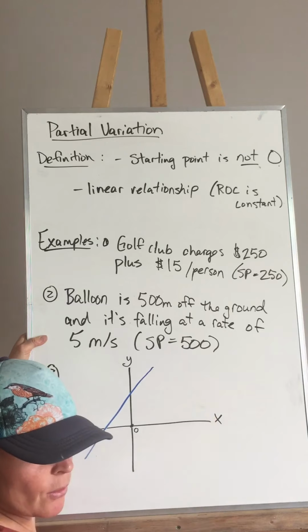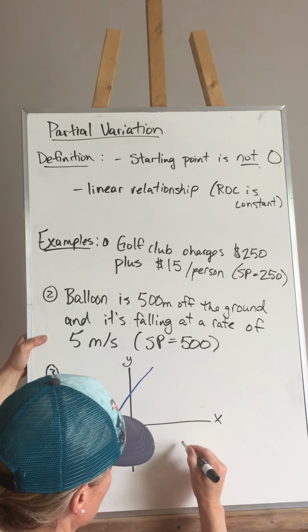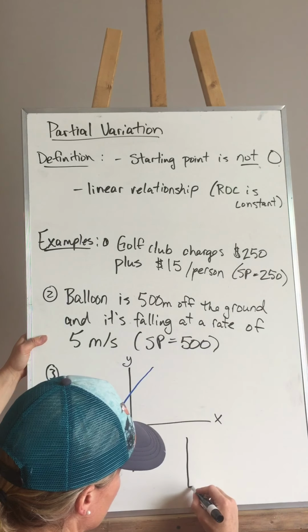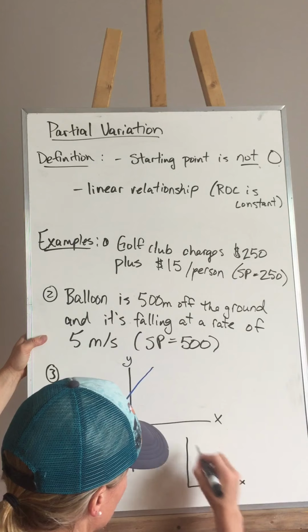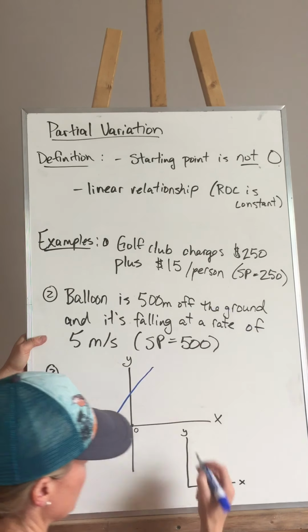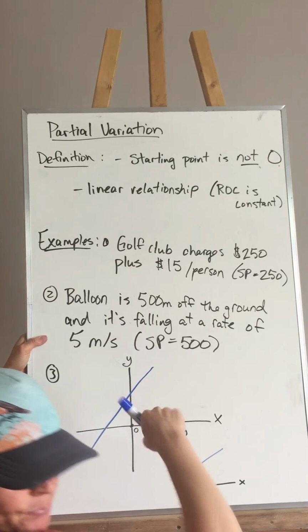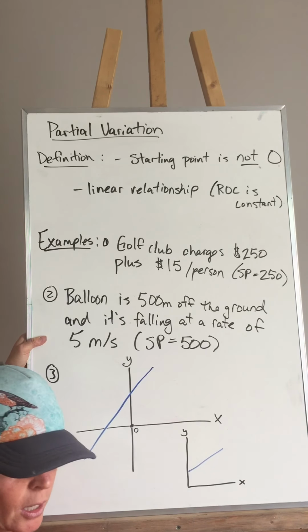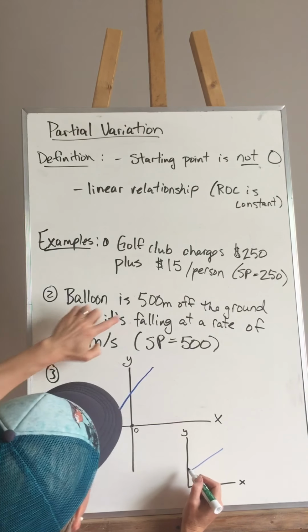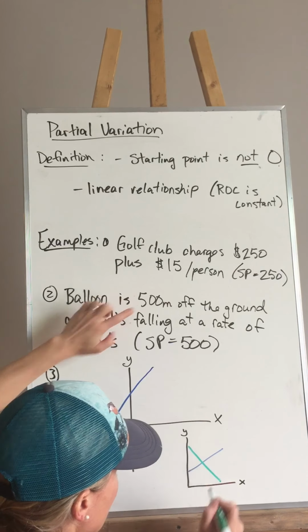Okay, more often than not though, your graphs are not going to involve all 4 quadrants. I'll draw just a mini one down here. They will involve just the positive quadrant. Okay, so examples of partial variation, the lines could look like that. You could have a partial variation like this balloon one, starting at 500 and dropping, so that would look more like that.